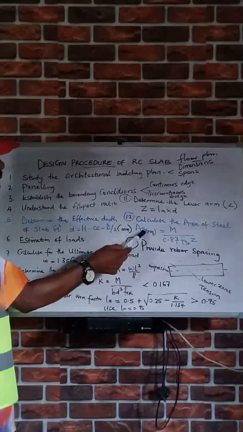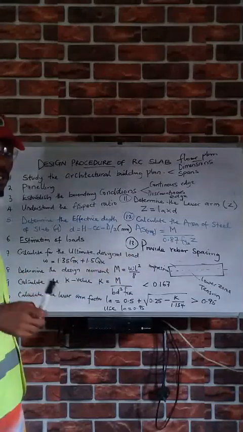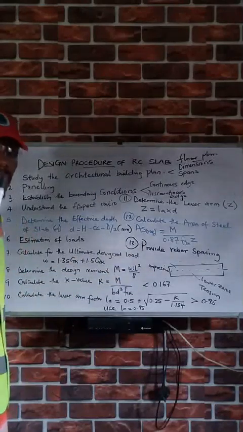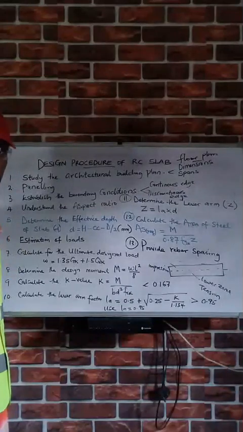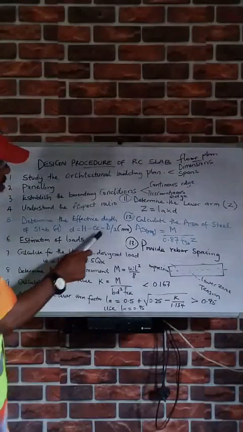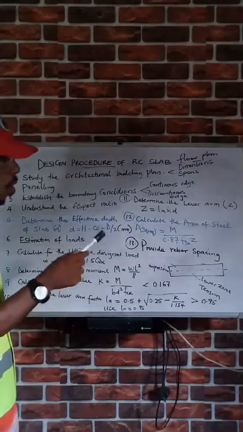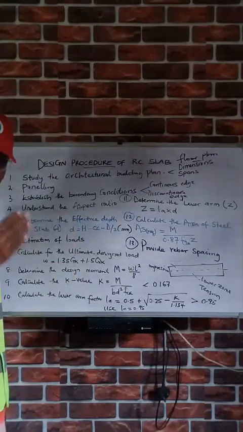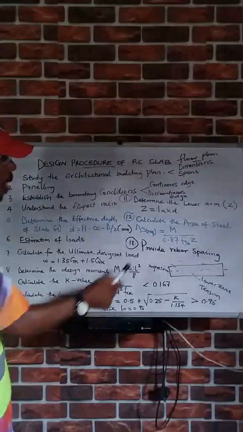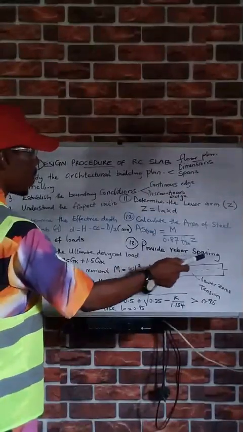For the value that is higher than the one you have calculated, you trace vertically to get the spacing for the reinforcement. That is the spacing, how you're going to place this diameter of bar on the slab, center to center. Okay, so that is providing rebar spacing.